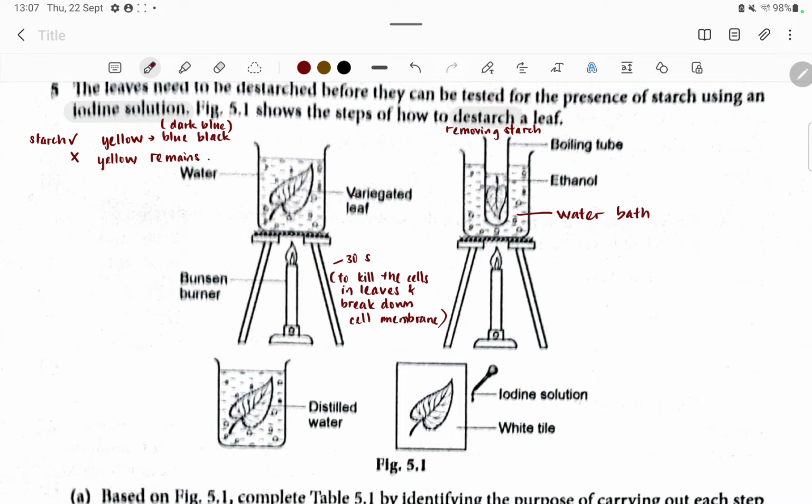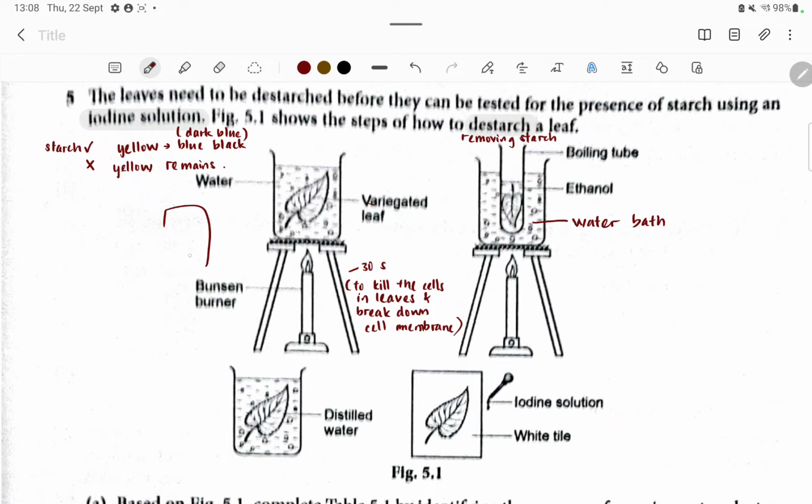Okay, so this part is to allow the iodine solution to get through the cell membrane, because plant cells are like that. This one we take the palisade mesophyll cells.